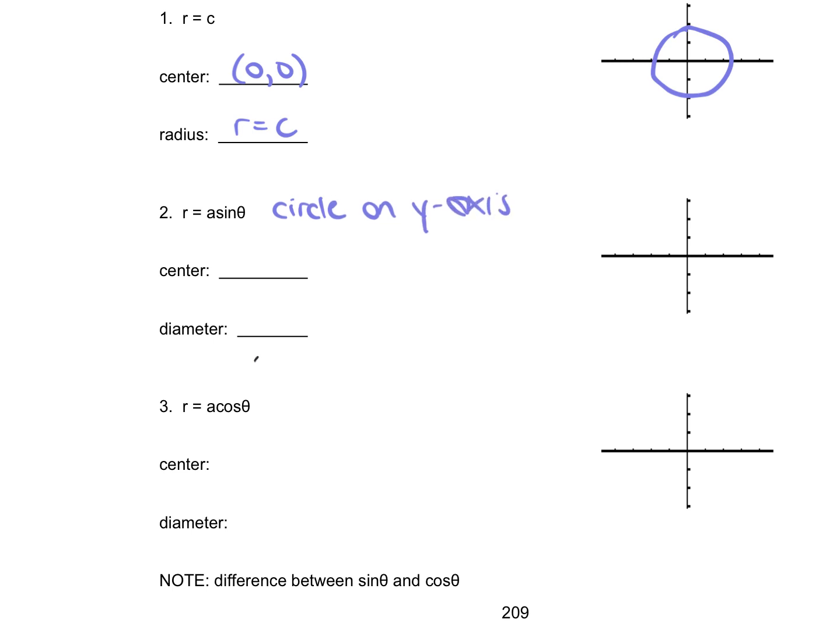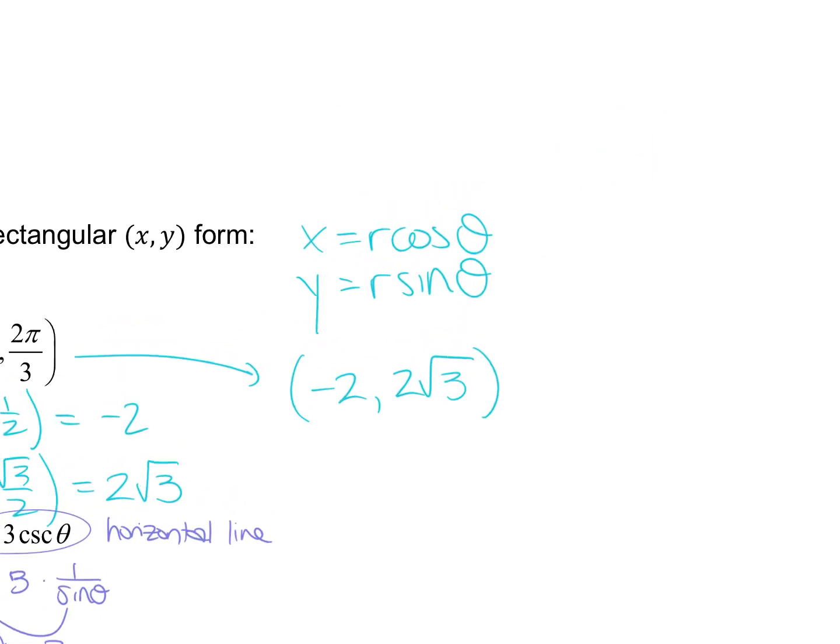I know it's on the y-axis because it is a sine. Sine, according to those formulas above, is associated with y. See this? Y equals r sine theta, x equals r cosine theta. You are going to learn in polar graphs, when you have something associated with sine, it is typically centered somewhere on the y-axis. When it's associated with cosine, it is typically centered somewhere on the x-axis.